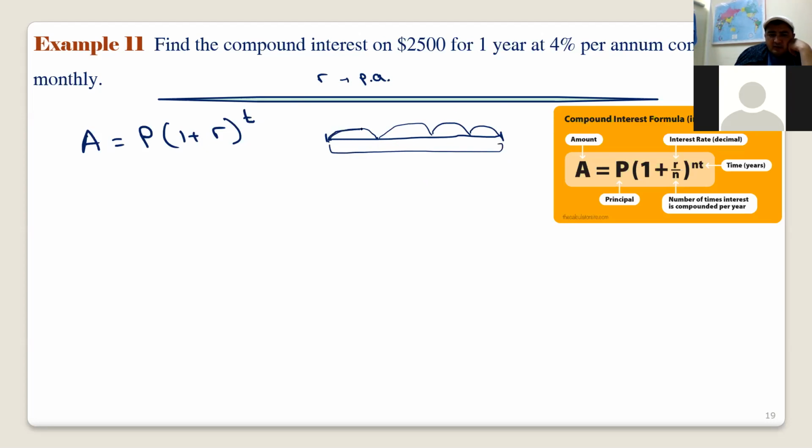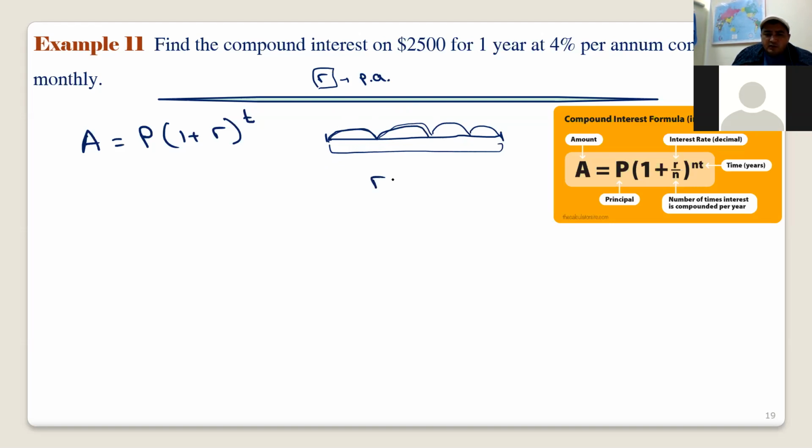At the end of each quarter the bank is compounding, but the bank has only annual rates. So how can I change this annual rate into a semi-annual, quarterly, or even monthly rate? If you're calculating quarterly, we need to divide this by 4.